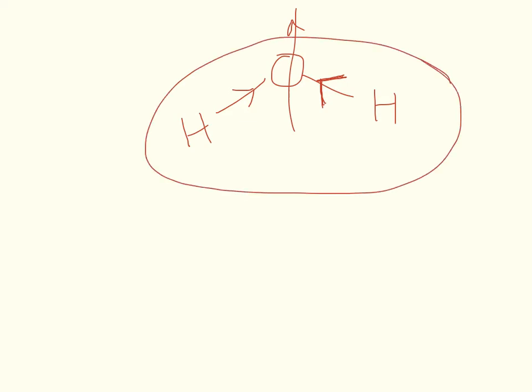But if it's a molecule like this, oxygen, hydrogen, hydrogen, a water molecule, the attraction is this way, and the resultant of these two vectors would be somewhere in between, like this. So this is not a symmetrical molecule. There is polarity in the molecule. There is a negative side and a positive side in the molecule.